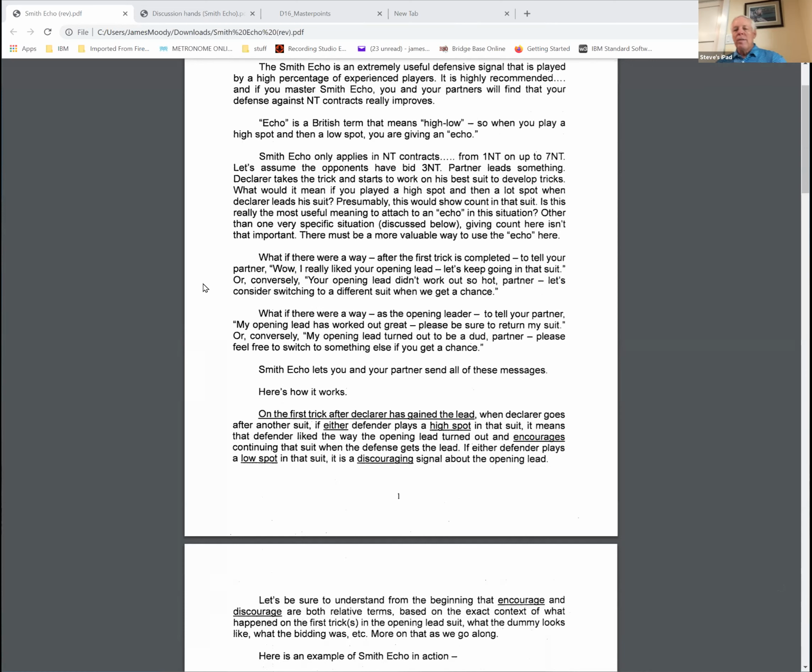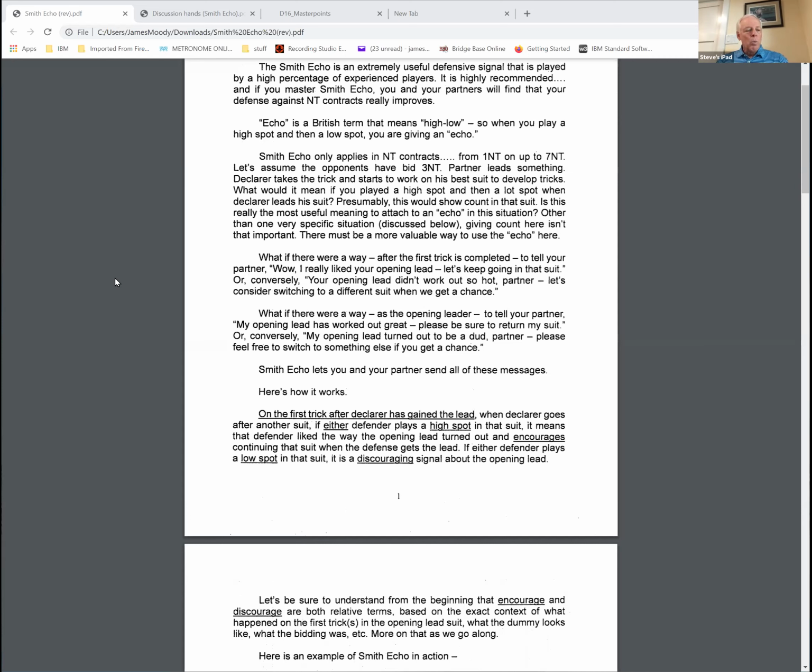Now, the other caveat is high and low. You've got to watch the spots. You've got to look at them carefully so that you can read whether partner was playing high-low or playing low. I remember playing with a partner one time and I played my low card. It was a 7.